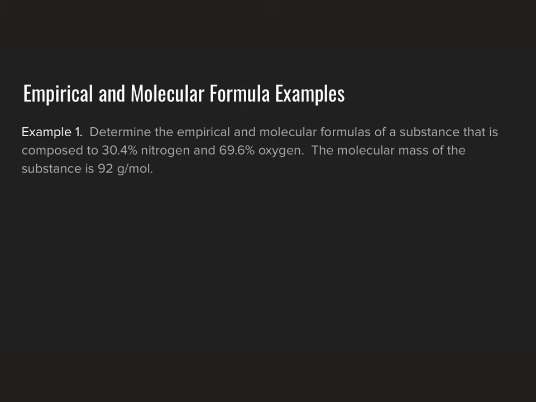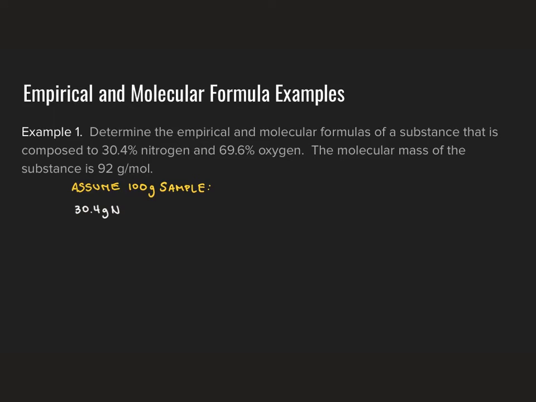So let's do our steps for the empirical formula process first. Our step number 1 was to convert those percentages into masses. Because we've been given percent composition data, the easiest amount to deal with is a mass of 100 grams, of which 30.4 grams would therefore be nitrogen.